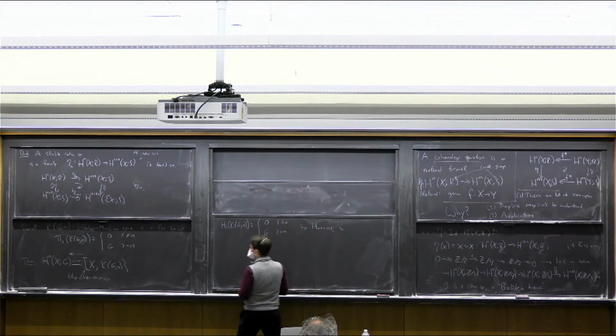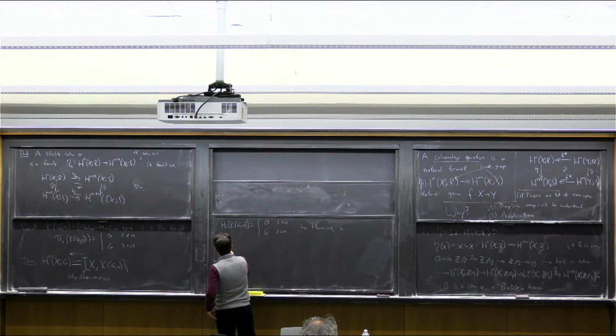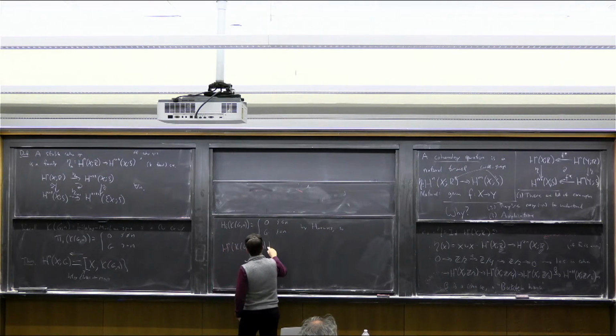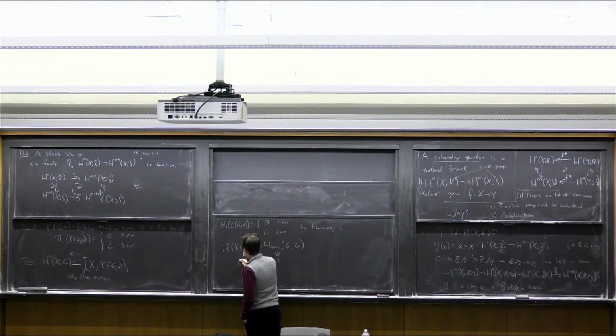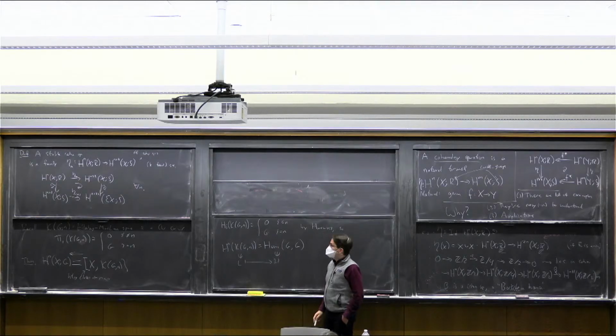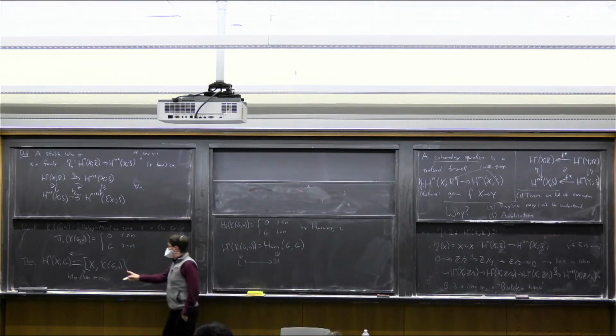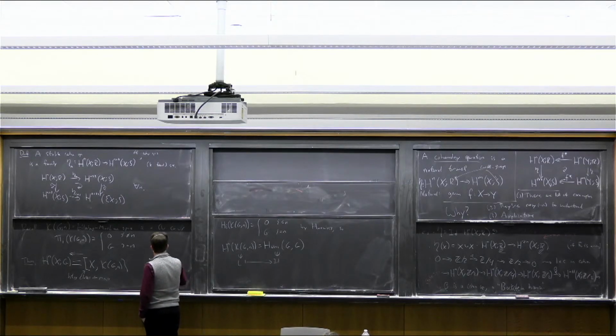So H^n of K(G,n) is Hom from G to G. This contains the identity element. So that gives me an element iota in there. And the map backwards is f maps to f^* iota.